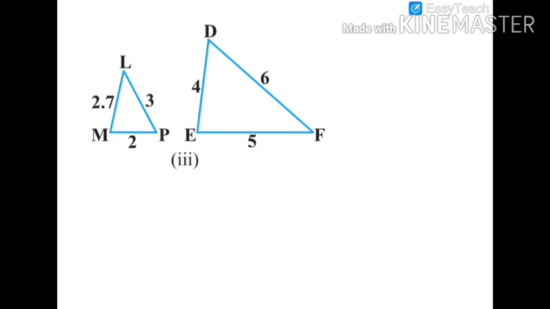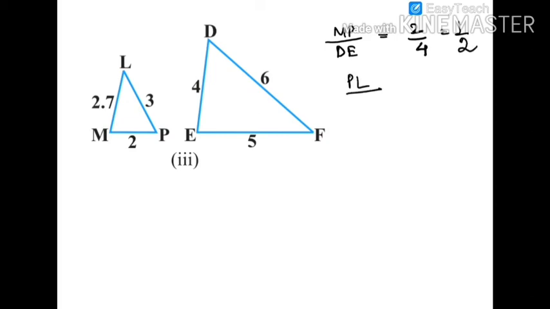Third pair of triangles. Since all sides in these two triangles are given, let's find the ratio of corresponding sides. MP upon the side corresponding to MP is DE. How do we know that? Because we try to find equality in the ratio of the sides with the given measurements.